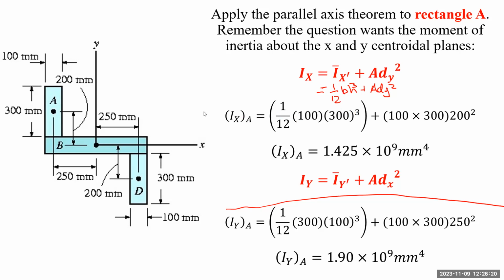Now, it's the height cubed. So if you look over here, this is the height, which is 300, and this is the breadth. So right there, you put that section in. All right, the next step. Any question so far?